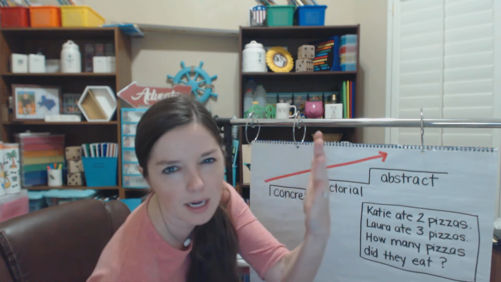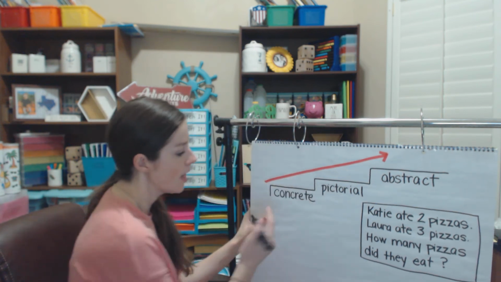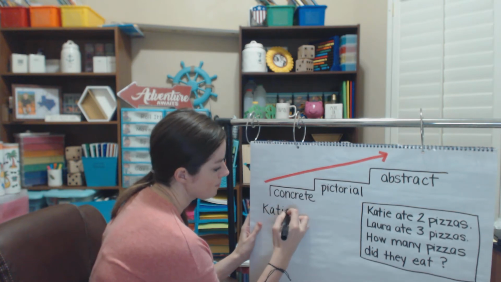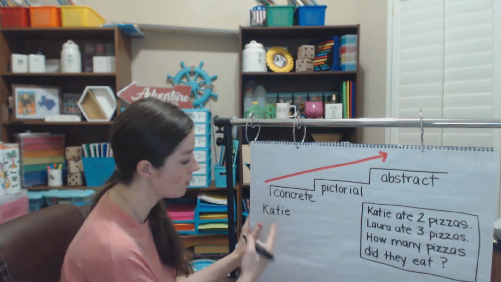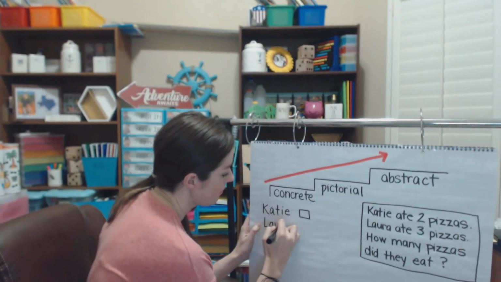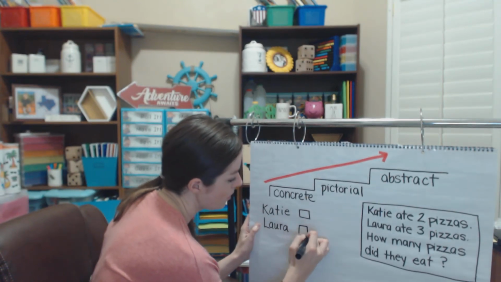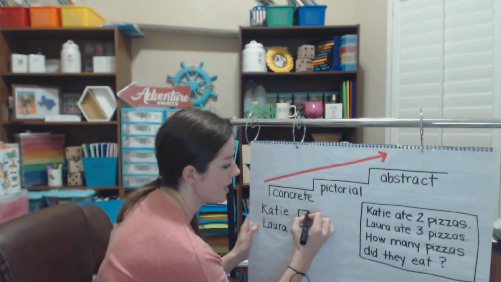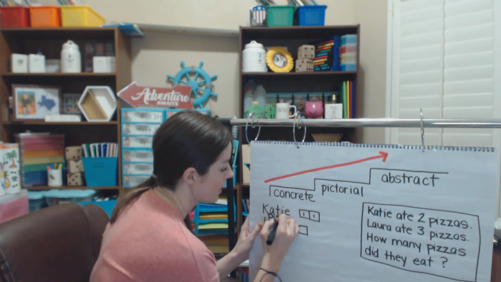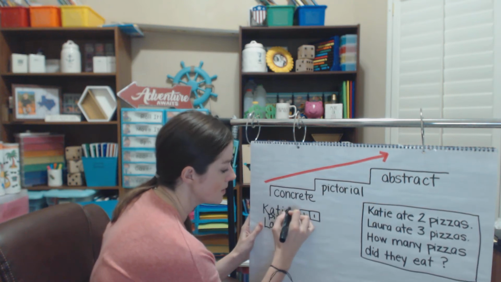And so there are 2 things that I'm thinking about when I'm seeing this. This might be an actual model drawing where Katie would have pizza and Laura would have pizza, but Katie's going to have 2 pizzas. Oh, sorry. I probably need to add my labels.